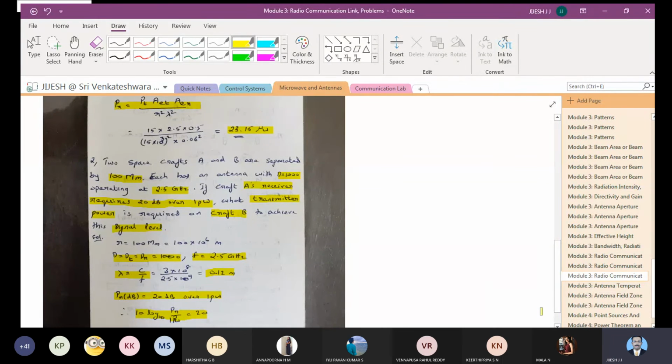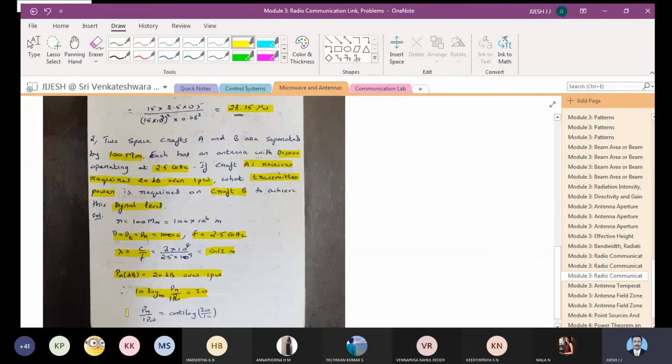So you'll get PR divided by 1 picowatt equal to anti-log of 20 divided by 10. You can find out PR from here. First you have to find out PR, then you have to find out the transmitter power using the Friis transmission equation.